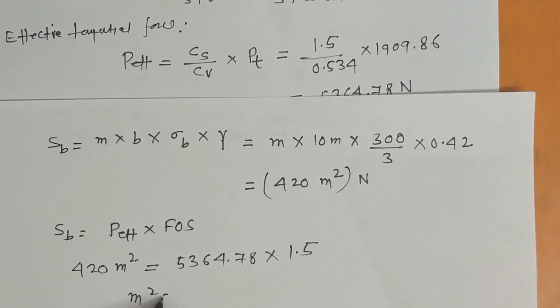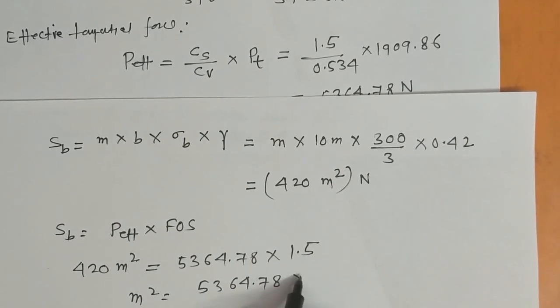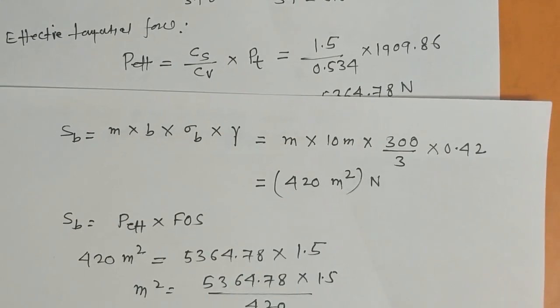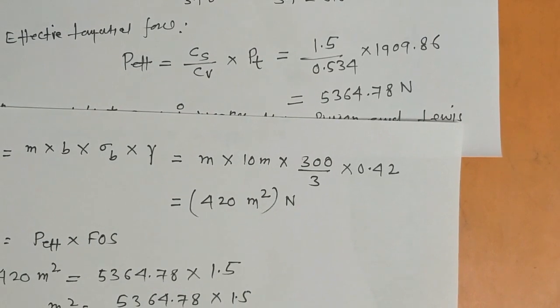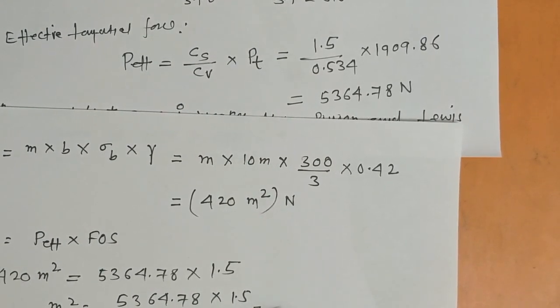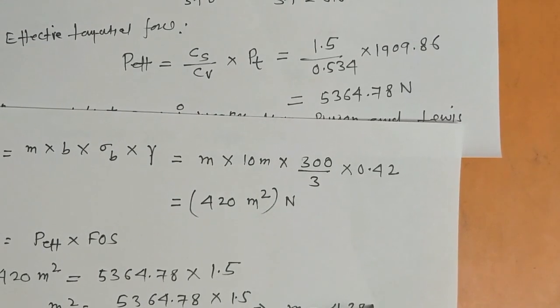So M square is equal to 5364.78 multiplied by 1.5 divided by 420. So M equals 4.38 mm.